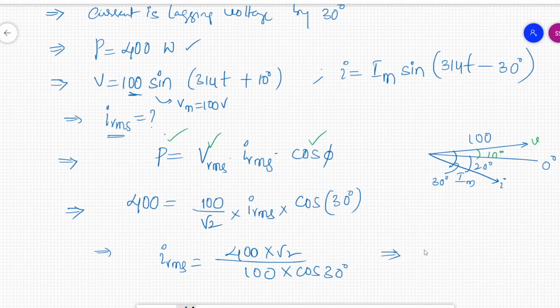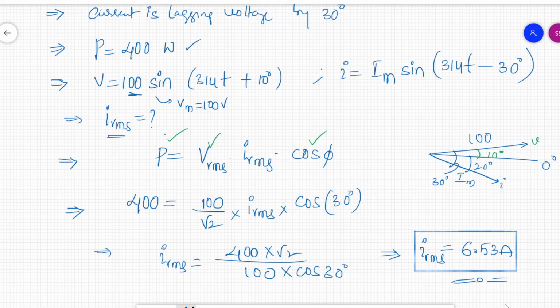If you simplify this, the current will be about 6.53 amperes. The RMS current in the circuit is 6.53 amperes. This is how you find currents and voltages based on the given data.